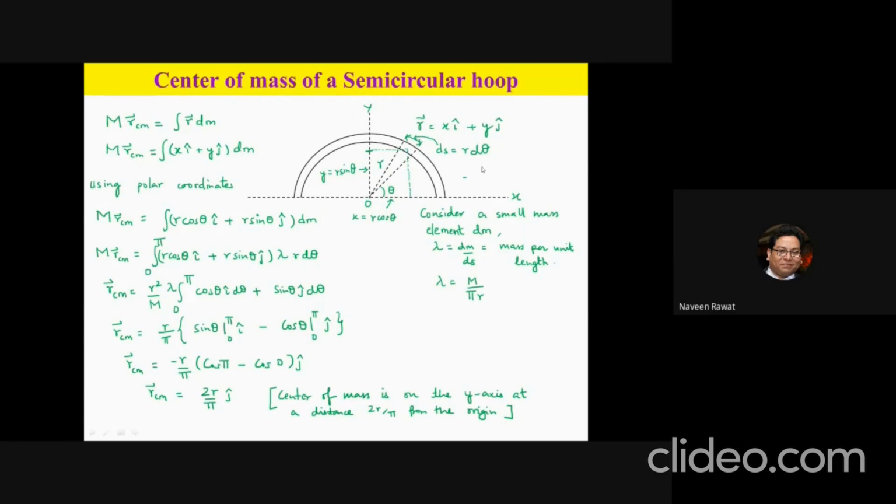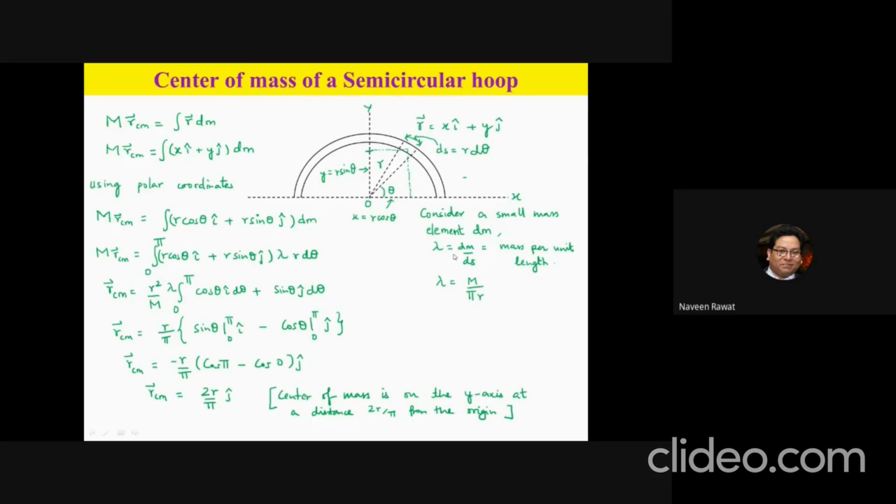So in a general expression for this entire hoop, you will have lambda equal to total mass divided by the total coverage that it is doing, which is half of a circle. So it's half of the perimeter of a circle, which will be pi times r.